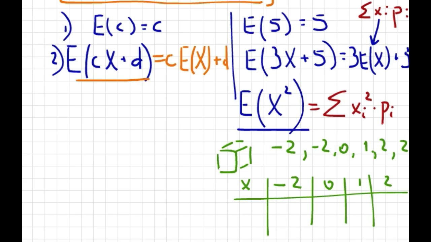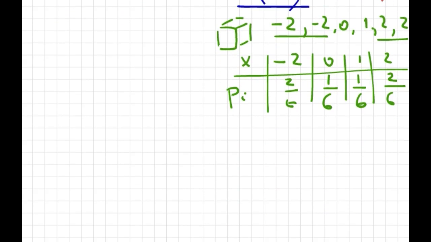And the probabilities for each of those values: we could have -2 twice, so that's 2 over 6 or 1/3. We could have 0 just once, so that's 1/6. 1 is 1 over 6. And the 2 also appears twice, so that's 2 over 6 as well.